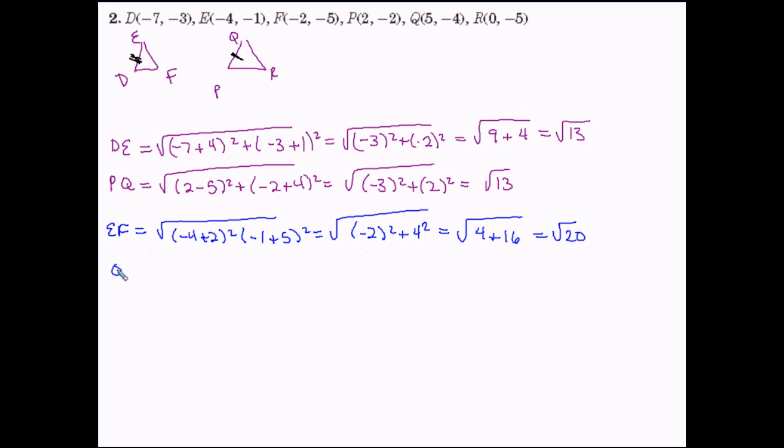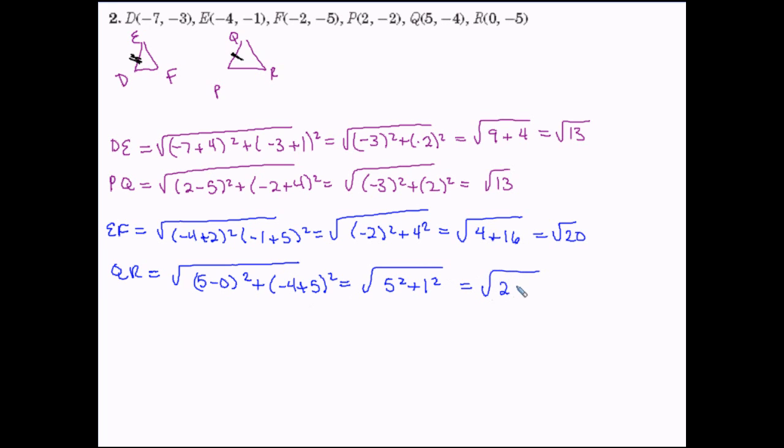And then QR is going to give me 5 minus 0 squared plus -4 plus 5. So 5 squared plus 1 squared, which is 25 plus 1, which is the square root of 26. And those didn't match. So as soon as that happens, we are not congruent.